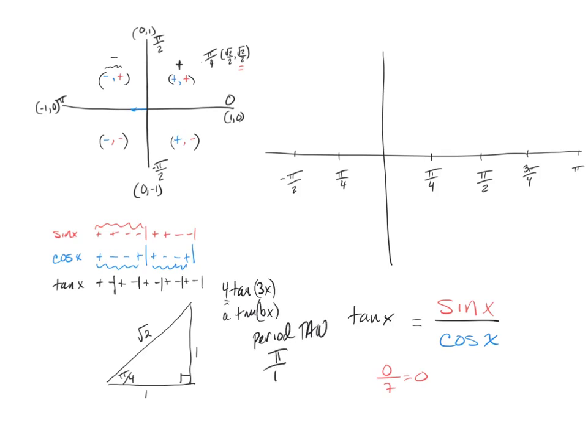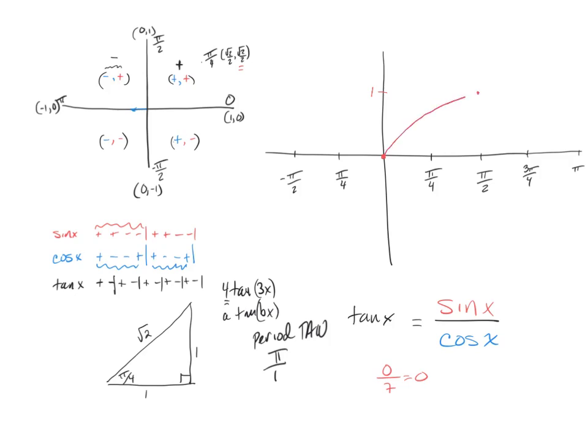So now we want to look a little bit at what's going to happen to the graph of tangent as we move through the unit circle. But let's just think about sine in this first quadrant as it goes from a y value of 0 up to a y value of 1 by the time it gets to pi over 2. So it starts at 0, and by pi over 2, it gets up to 1.